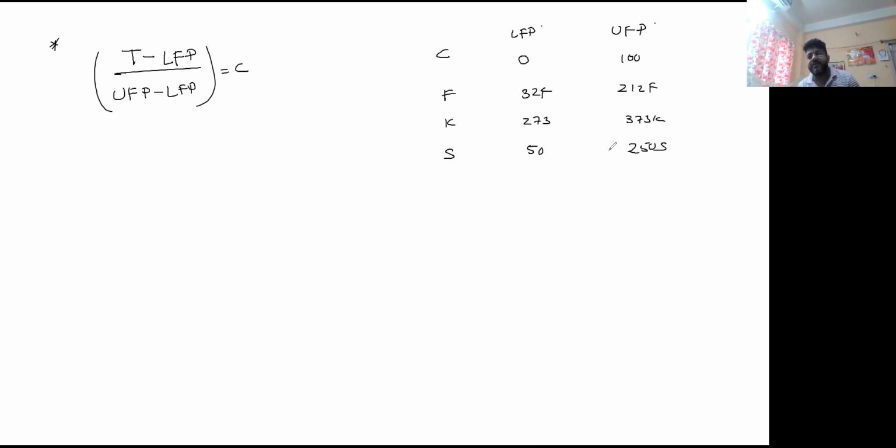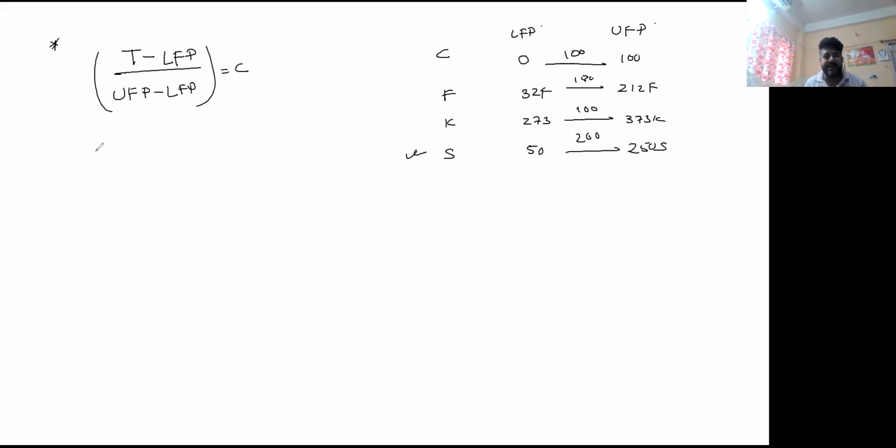The examiner can give you this: here the difference is 100, here 180, here 100, here 200. The examiner can ask you to convert any scale into any other scale, like a new scale found in, suppose, the Harappa civilization, where the lower fixed point is 50 and the upper fixed point is 250. Find the temperature in that new scale.